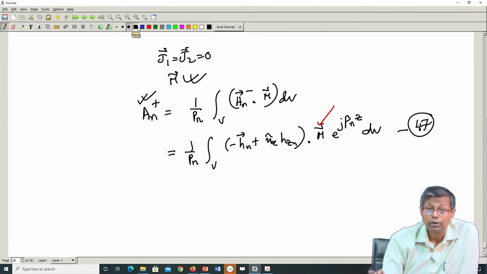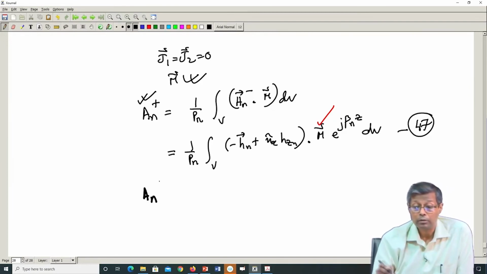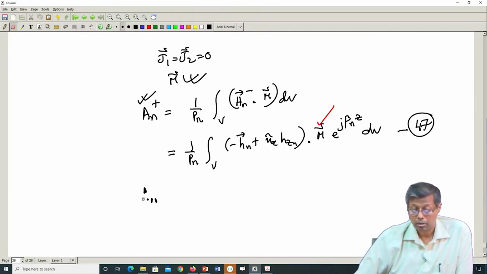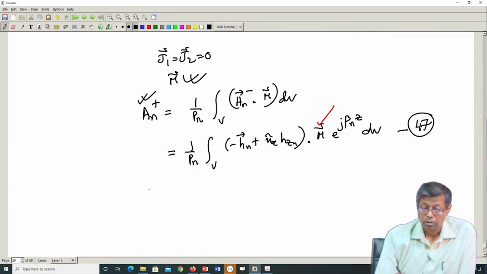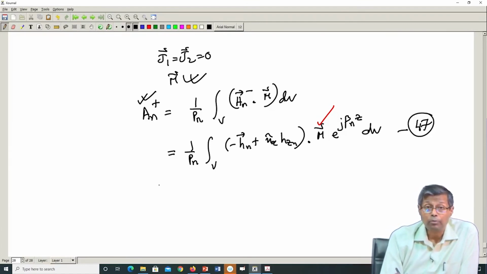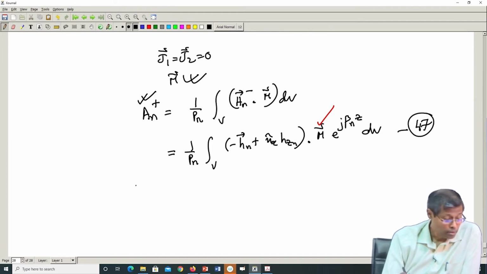So, we have the magnetic current source M sitting here, and then considering the other problem, which is the nth reverse going wave radiated by the magnetic current source M inside the waveguide, that can be obtained similarly.